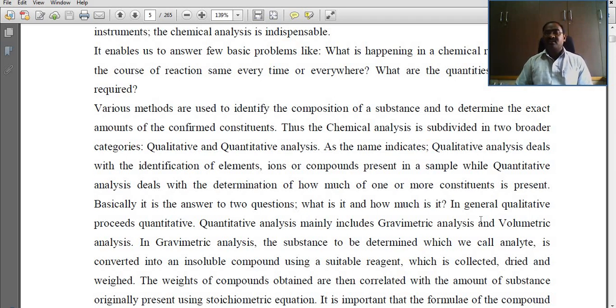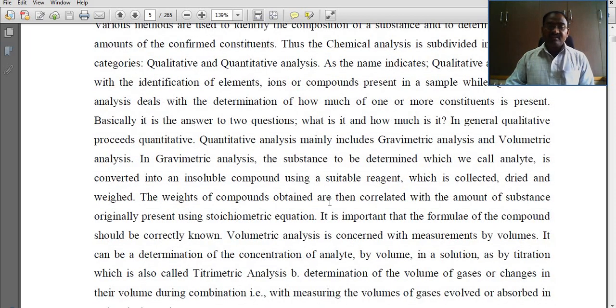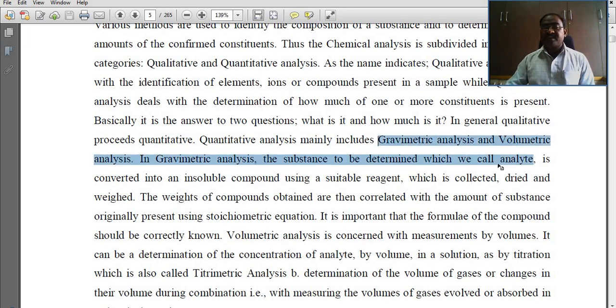One is qualitative and the other quantitative analysis. Qualitative deals only with identification of elements. Quantitative deals with what percentage of elements is present in the compound. Quantitative analysis mainly includes gravimetric analysis and volumetric analysis.